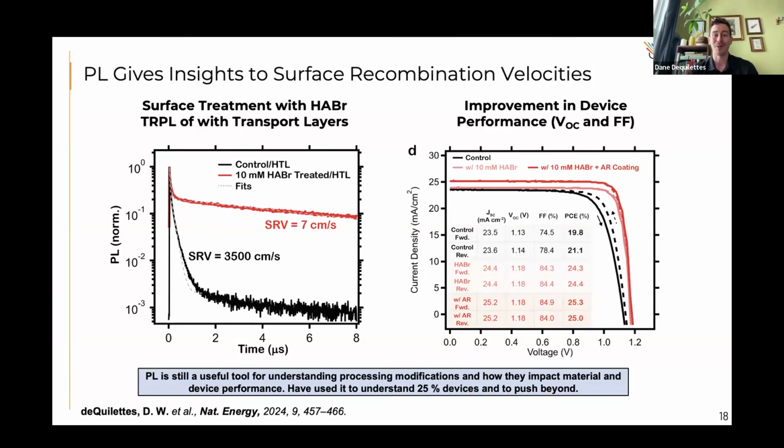So as much as I was saying maybe PL can be a little bit confusing or not intuitive to device performance, there are clear examples where you can use it as a metric to predict and understand device performance. We use this to understand how to make 25% efficient devices, but we also use this to push it beyond that, outward of 26%, which is work that will be coming out fairly soon as well.